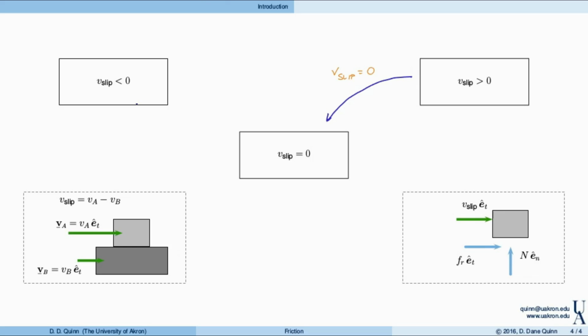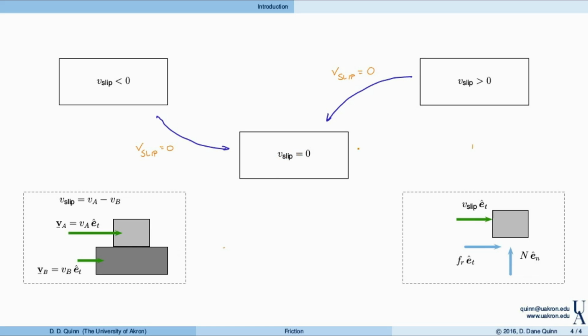Now, looking at the transition from V slip negative, which would imply that the upper block is moving to the left relative to the lower block, this transition is also going to occur when V slip is equal to 0. So V slip is negative, and then suddenly we find that V slip is instantaneously 0, and we transition back to this condition.